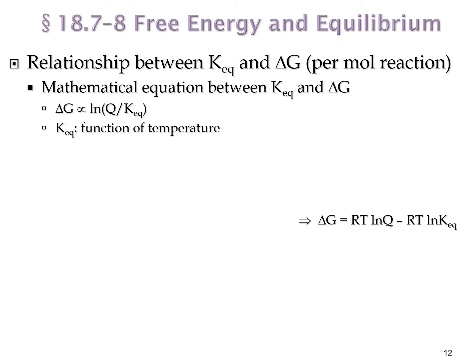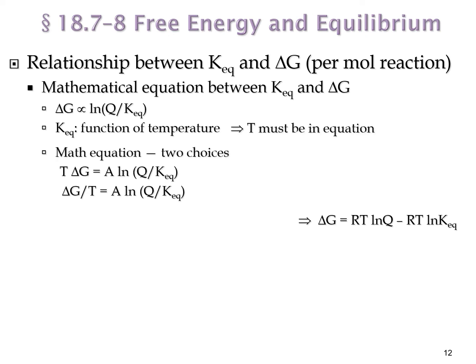But in this mathematical expression, I do not see temperature anyway. From the statement, temperature must be part of the equation. So we have two choices to put the temperature. You can put a temperature that's multiplied by the delta G, or temperature as the bottom of this division, delta G divided by the temperature.